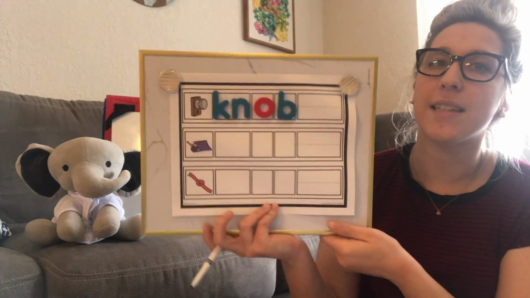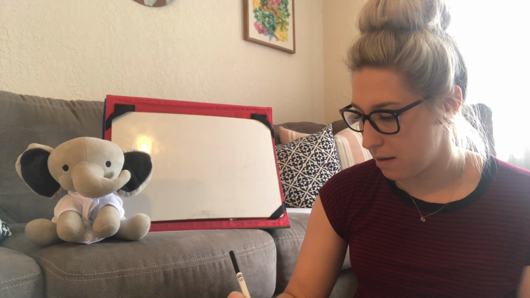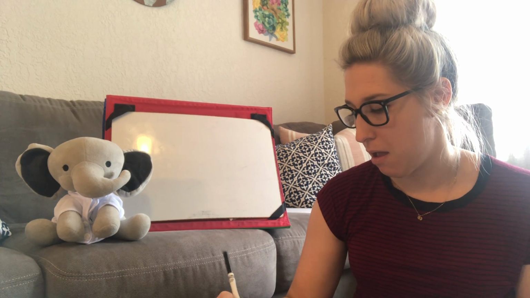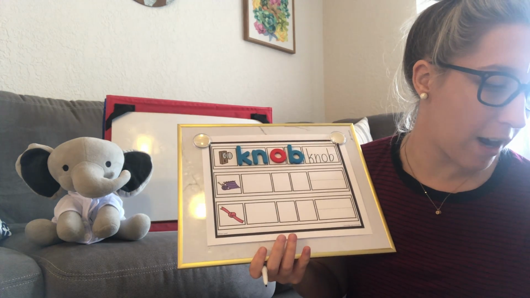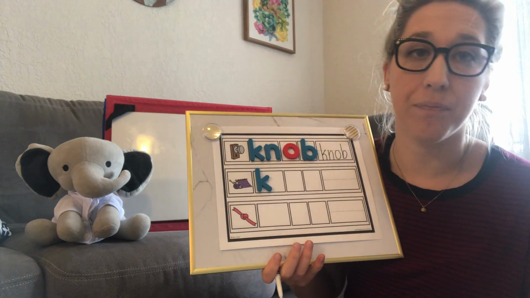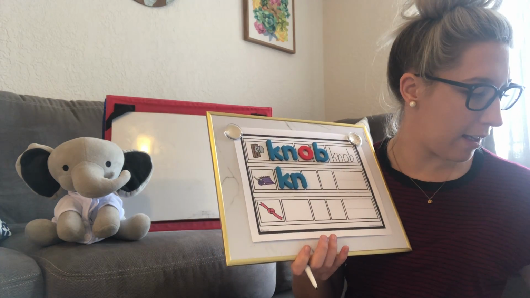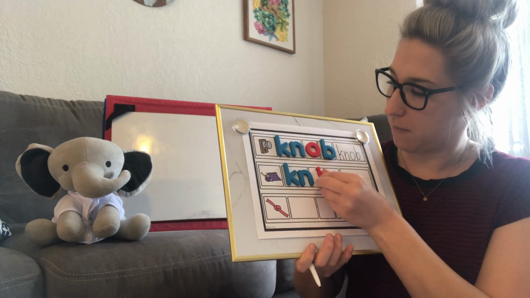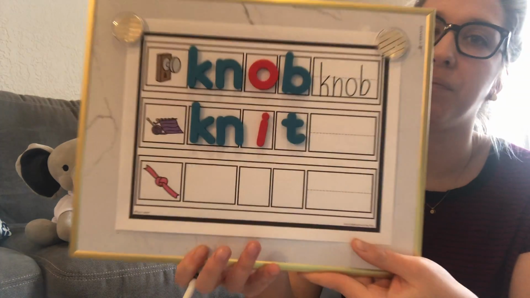Okay, the next picture is knit. I want you to think of how you spell knit. Knob. Very good. With knit, we're going to have that KN again to begin. KN. And then it. I, T. Knit.